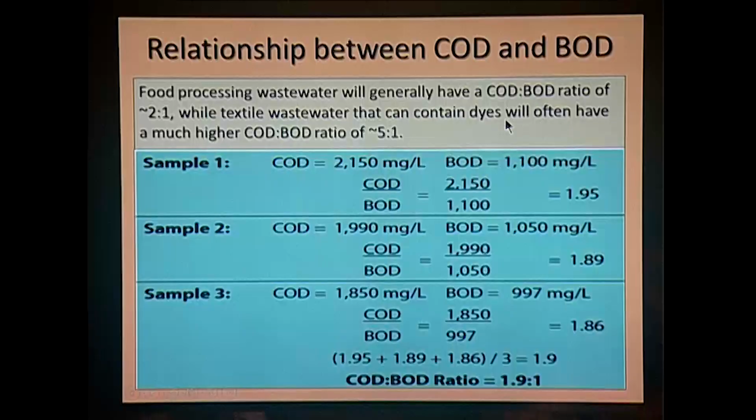In the case of the dye industry, we find that the COD-BOD ratio is about 5:1. Ma'am, why does COD have a value greater than BOD and what does this indicate about the wastewater? COD means the organic matter is being totally oxidized with the help of the oxidizing agent, which is potassium dichromate.